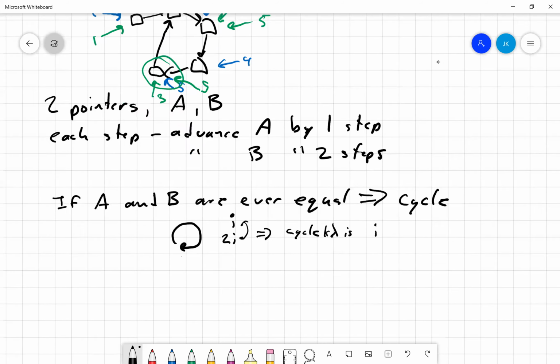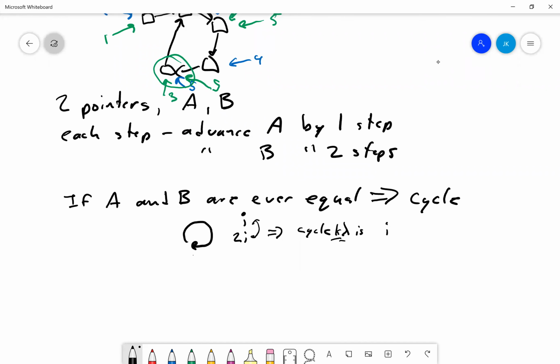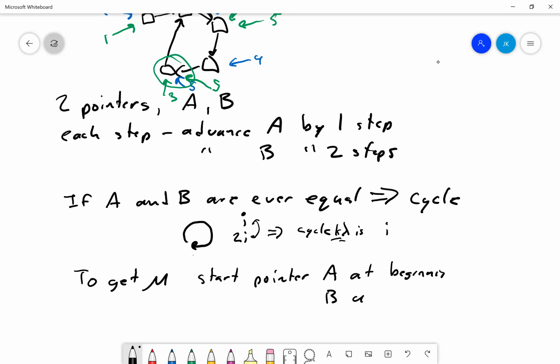Okay, so once you have that, you don't know what K is, so this might still be a multiple of the cycle. So to get mu, you can start pointer A at the beginning and pointer B at I, and then increment them both 1 step at a time.